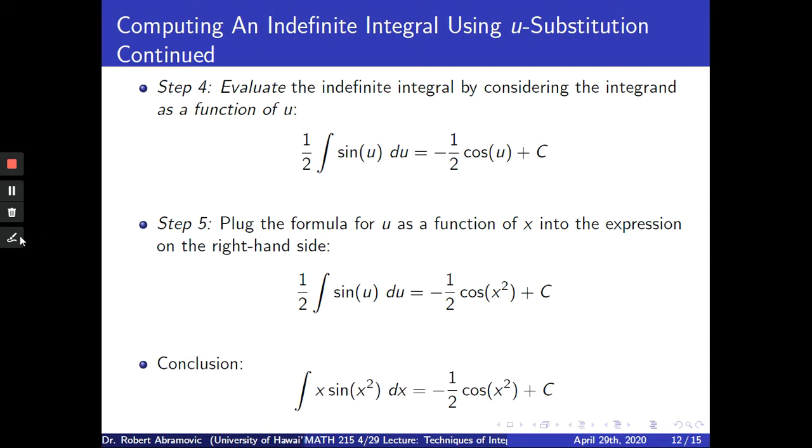So our conclusion is that the antiderivative of x times sine of x squared is equal to negative 1/2 times cosine of x squared plus a constant.